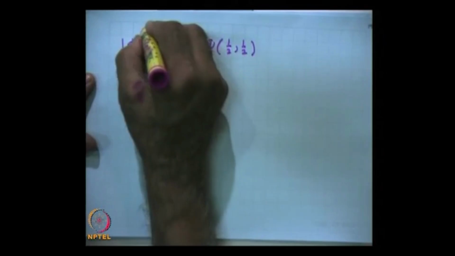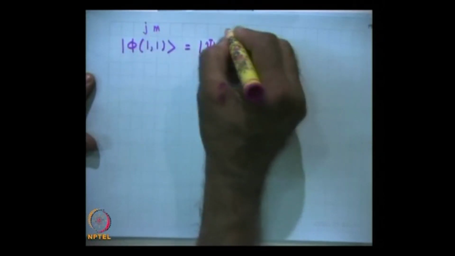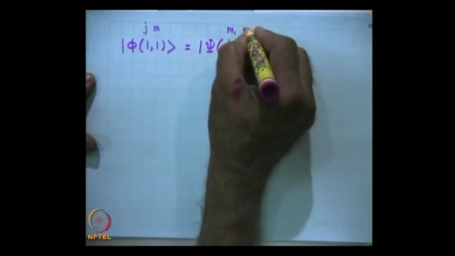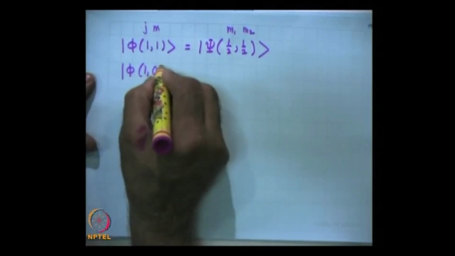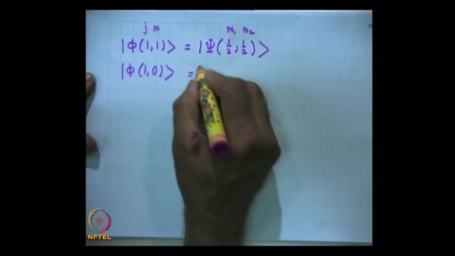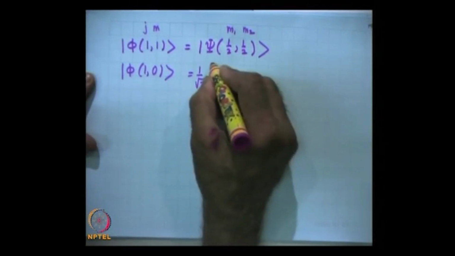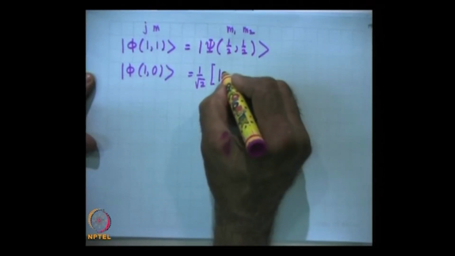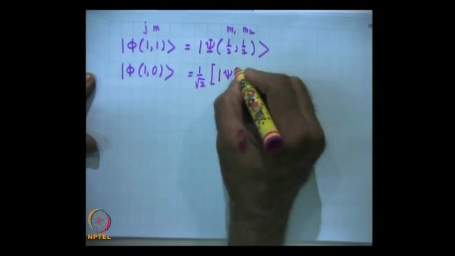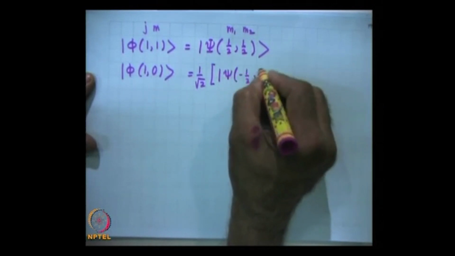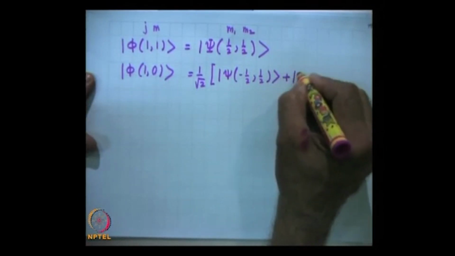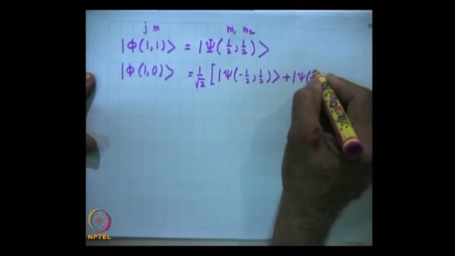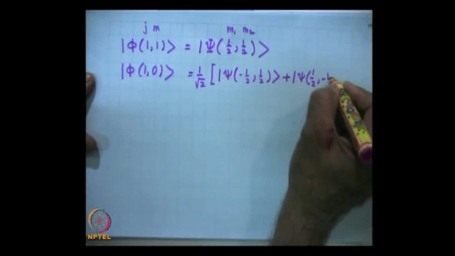These are the values of j and m, and these are the values of m1 and m2, and you have phi 1, 0 is equal to 1 over root 2 of psi half, minus half plus psi minus half, half.